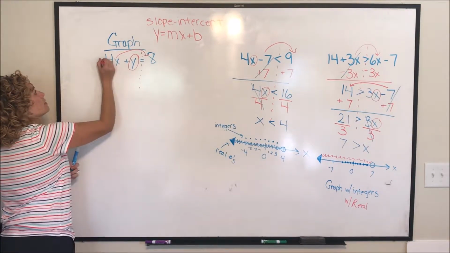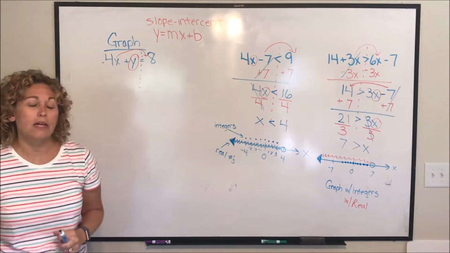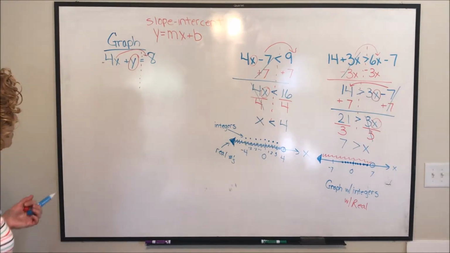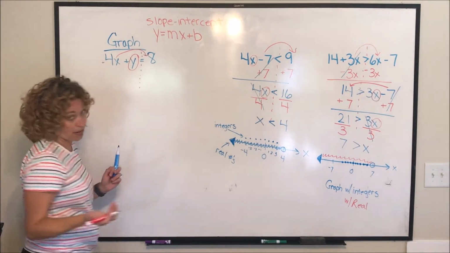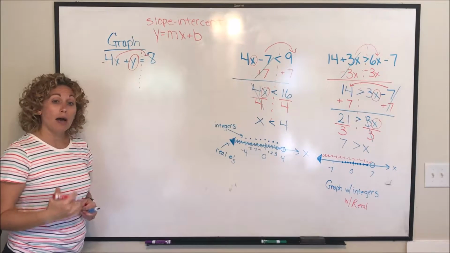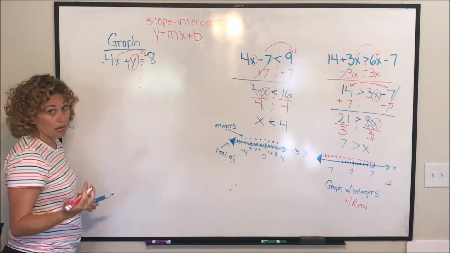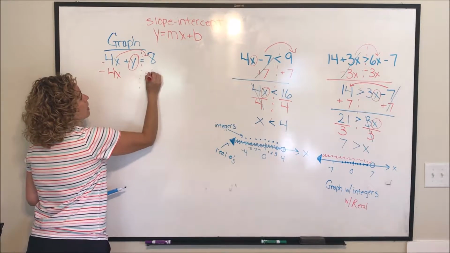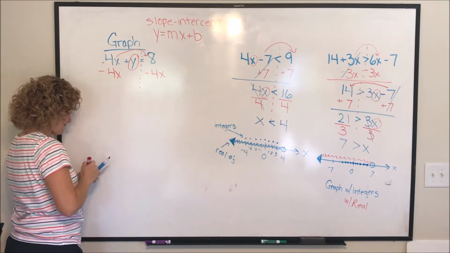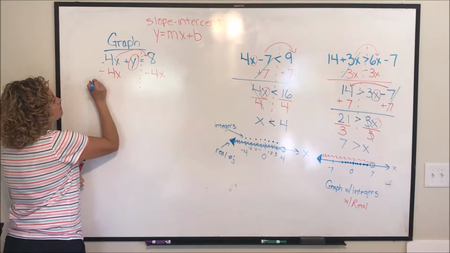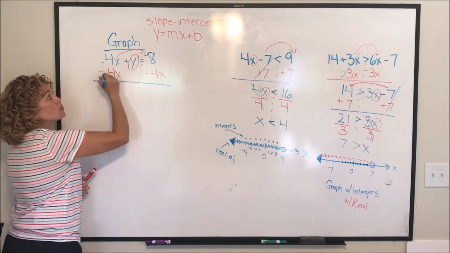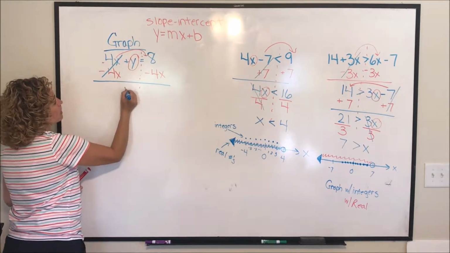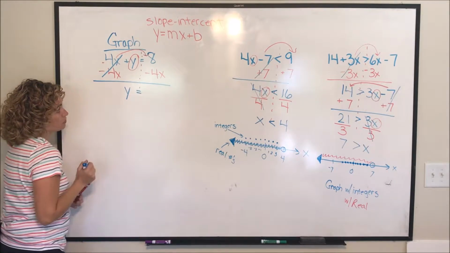This says plus 4x. It's kind of like that understood "you" in English. It's understood positive because it doesn't have a negative there. We're going to do the opposite of a plus 4x or a positive 4x. We are going to subtract 4x from both sides. Okay. Those 4x's cancel out and we're left with y equals.